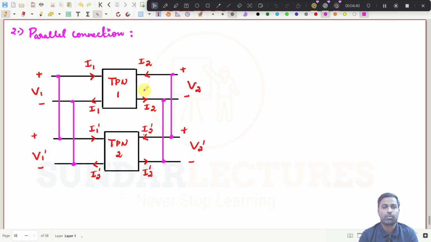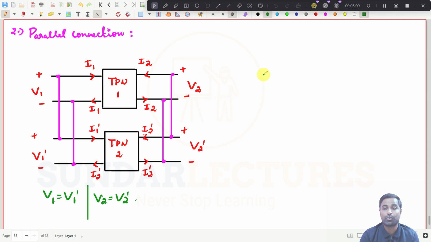That's all. Now you see what V1 and V1 dash will be. Both are equal, right? Because these two and these two are connected. This potential is coming here, this potential is coming here. Then obviously V1 is equal to V1 dash, and these potentials are equal, so V2 is equal to V2 dash. That is the equation, right?